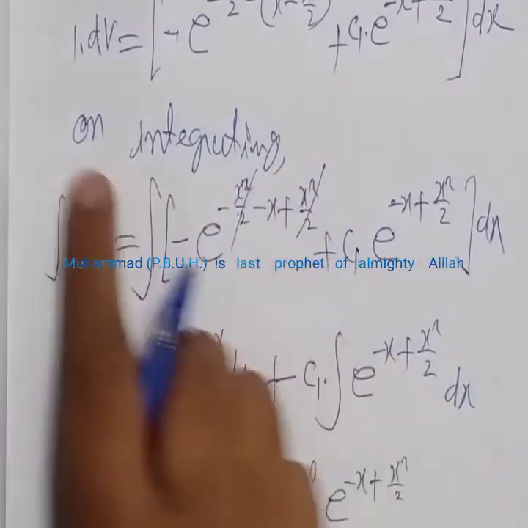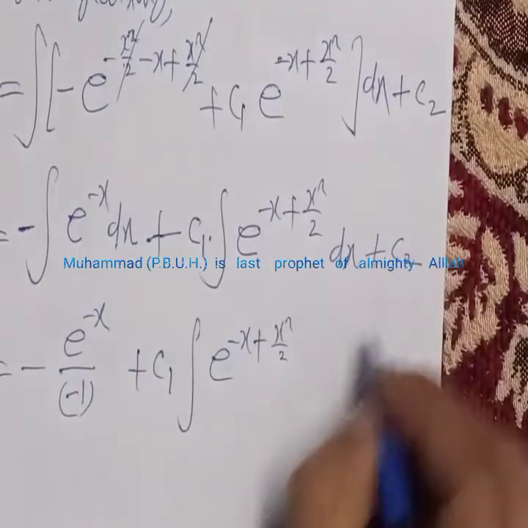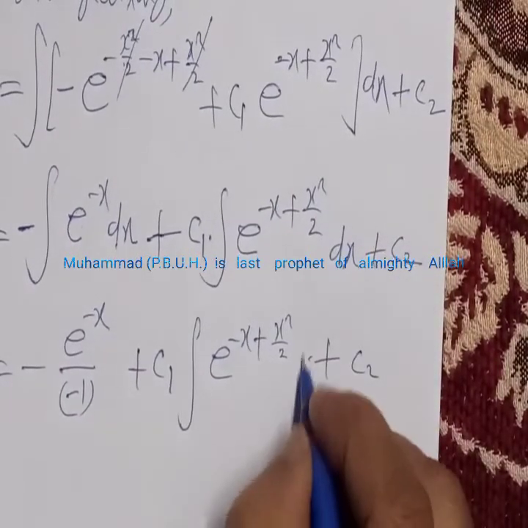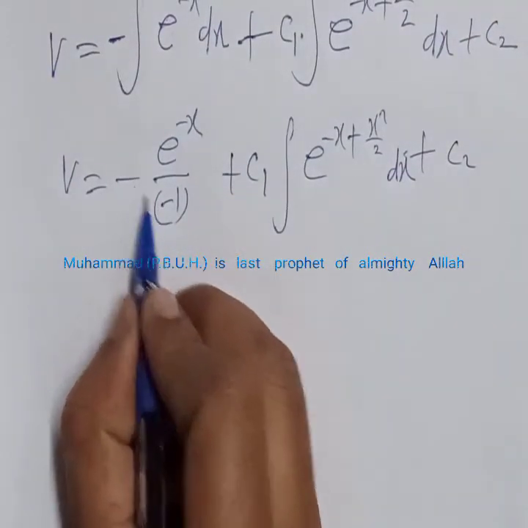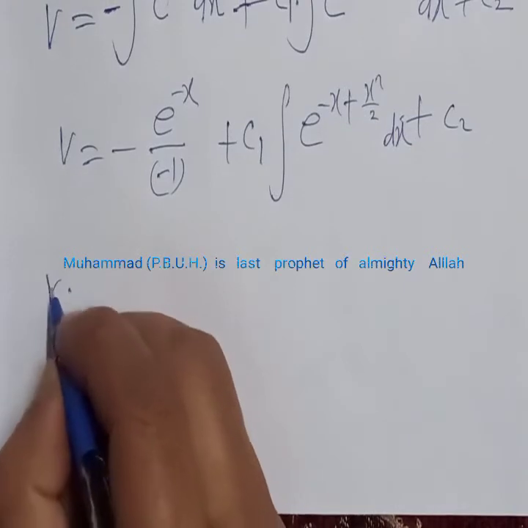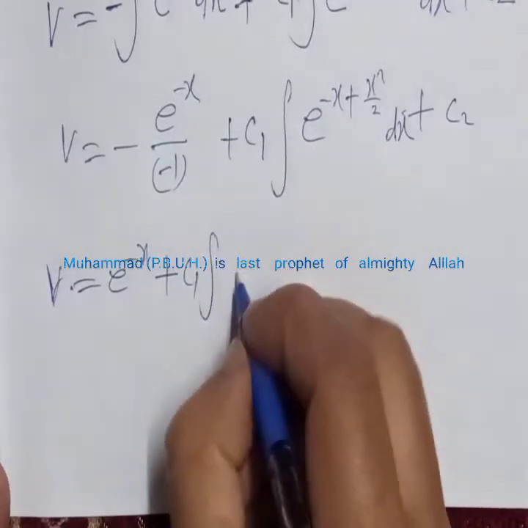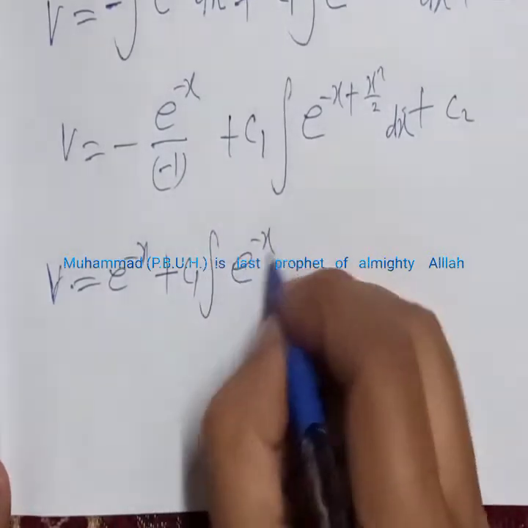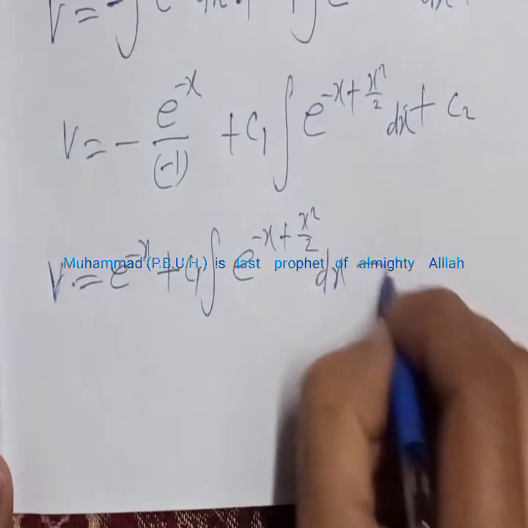But when we integrate both sides, we should write the constant of integration c2 here. Converting this minus to plus, we get v is equal to e to the power minus x plus c1 e to the power minus integration of e to the power minus x plus x square by 2 dx plus c2.